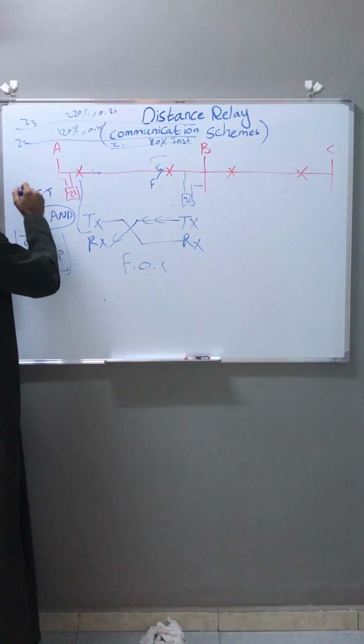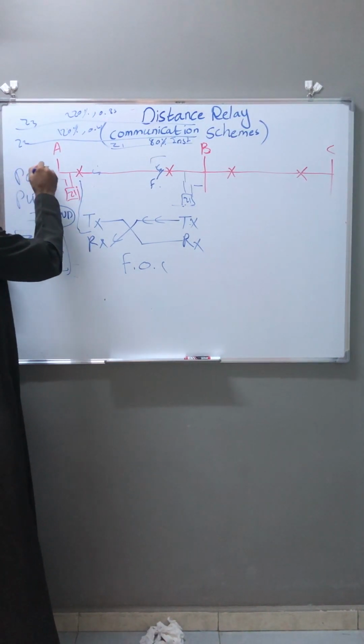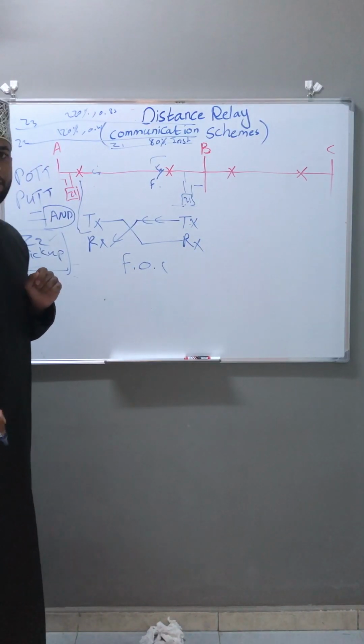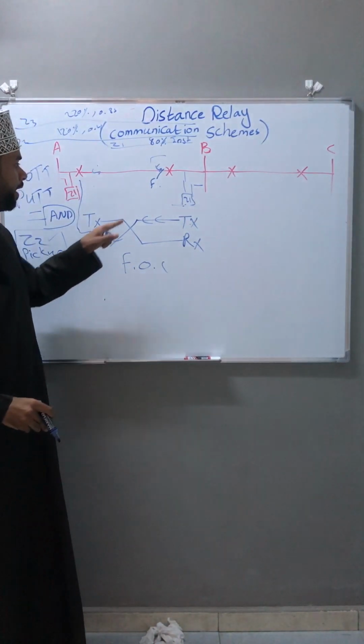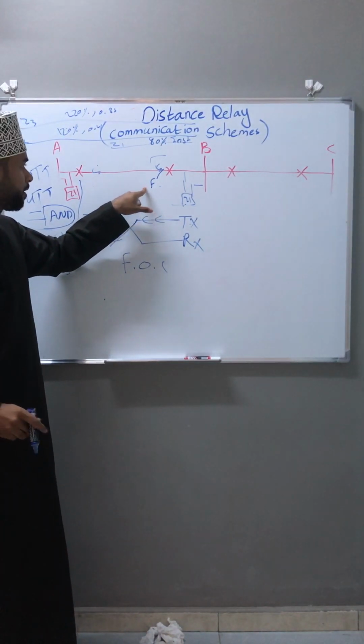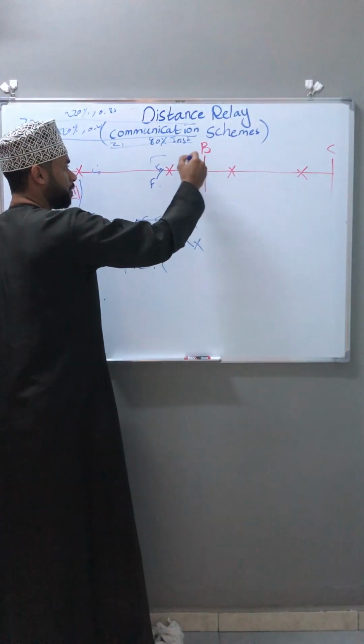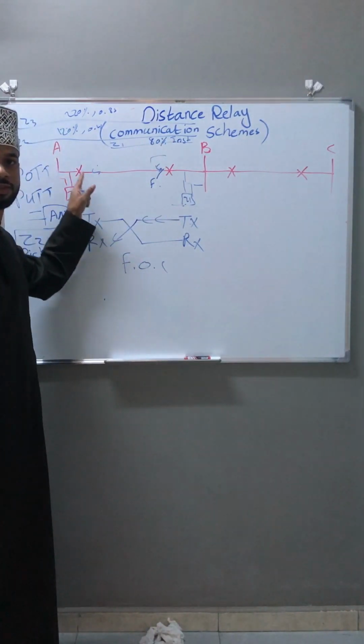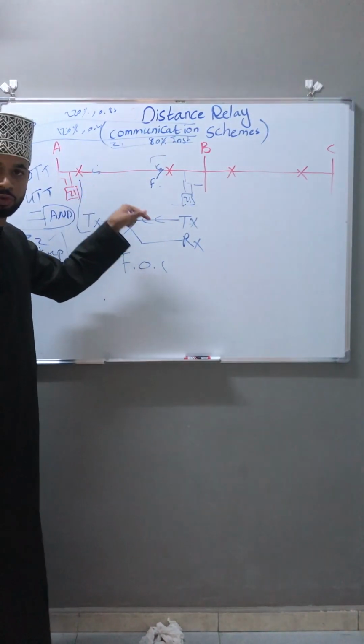So the last one is POTT, permissive overreach transfer trip. Again, we make the fault here, at the same location. This distance relay will see the fault in zone 1, and this distance relay will see the fault in zone 2.